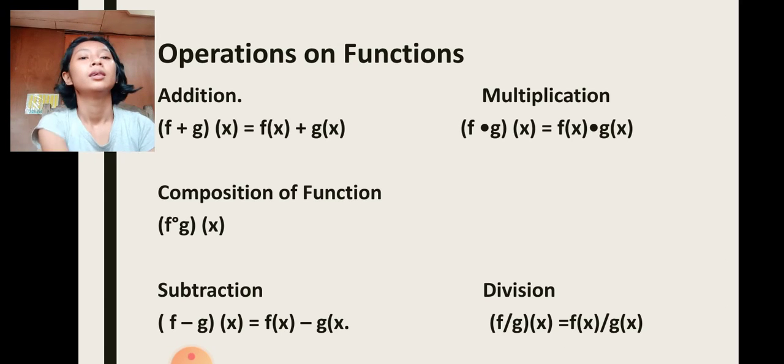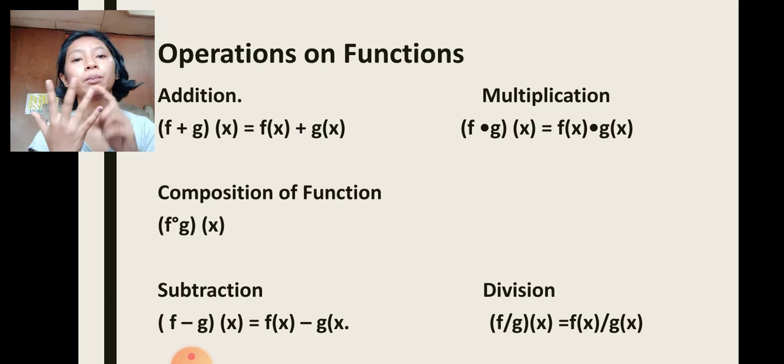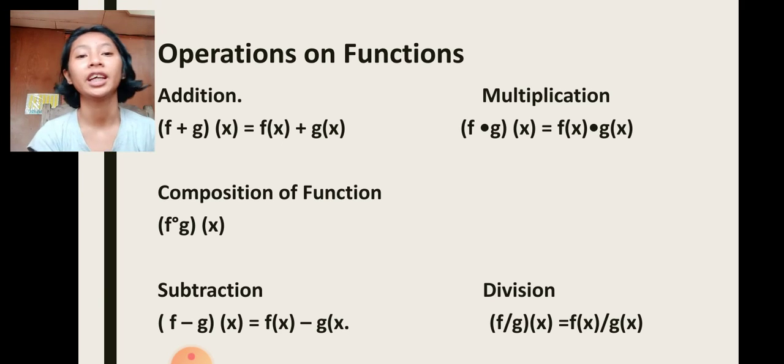So, let's move to operations of functions. There are 5 operations: addition, multiplication, composition of functions, subtraction, and division. In addition, f plus g of x is equal to f of x plus g of x.